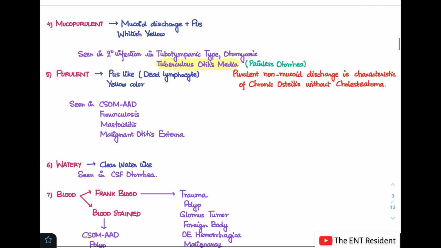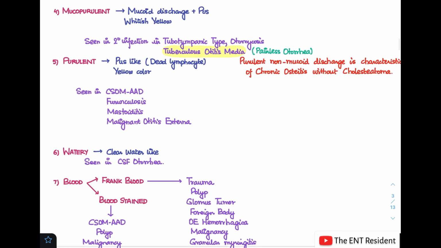Purulent discharge is when the discharge is pus-like, meaning that it contains dead lymphocytes in it and it is yellow in color. Whereas mucopurulent is whitish yellow and mucoid discharge is white.